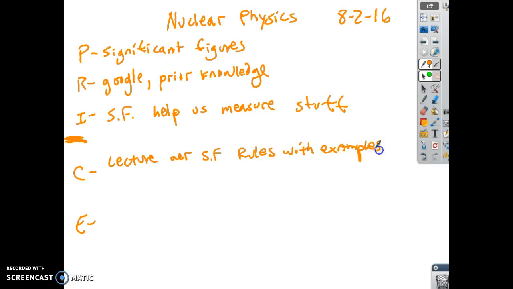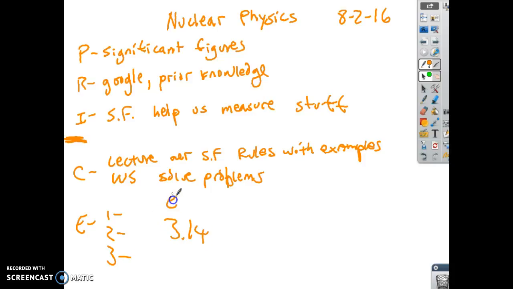And then a worksheet, solve problems. That's what we did in class today. Then for the example, I may write down the 3 rules, and I'm not going to tell you what those are so that you can learn them. But that's not important for the process right now. Then maybe we'll also write down an example: 3.14 has 3 significant figures. So that might be what I write down for today.